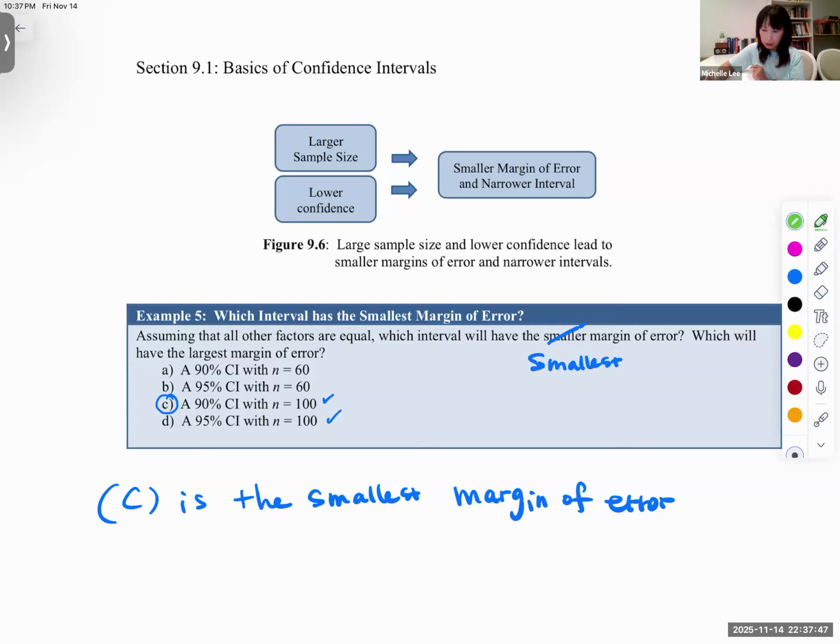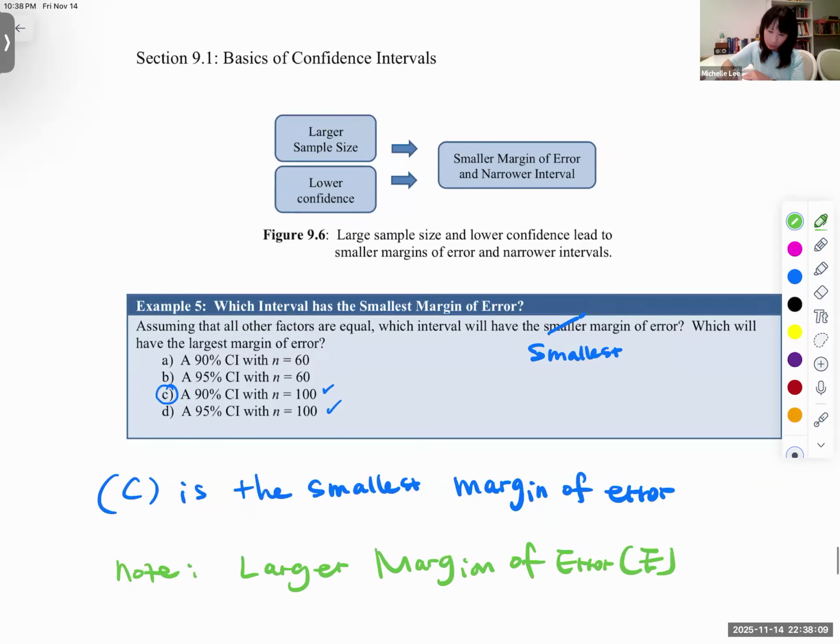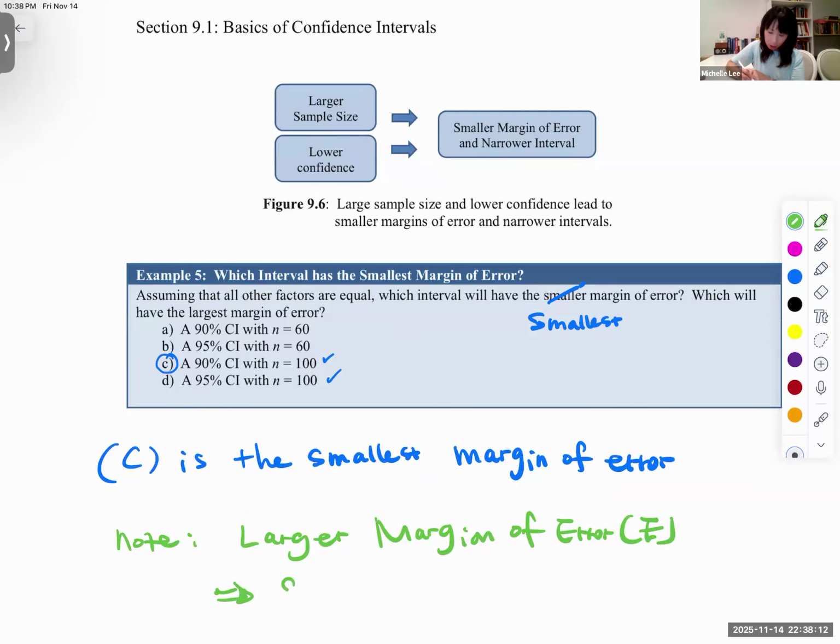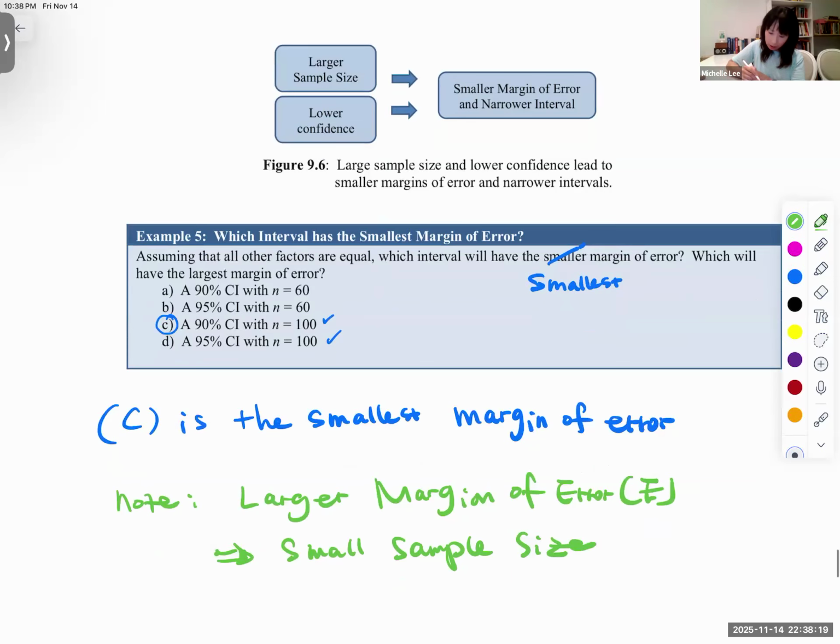Then we think about the opposite: a larger margin of error comes with a small sample size and a higher confidence level, right?